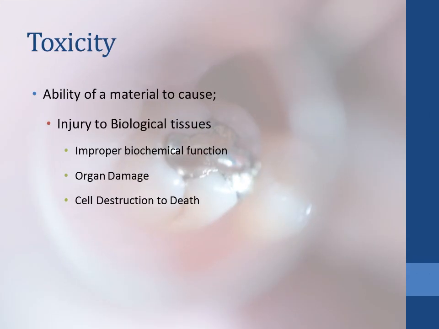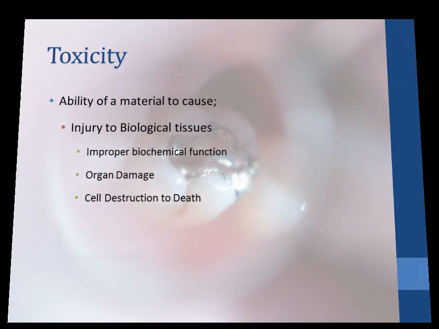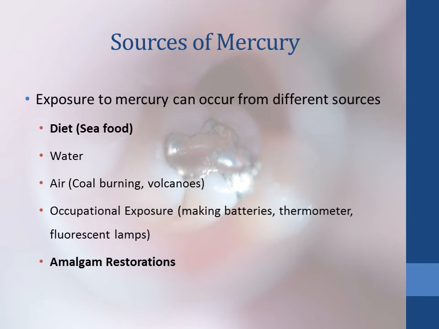Now, toxicity. This basically is the ability of the material to cause injury to biological tissues, improper biochemical function, organ damage, and cell destruction leading to death. Now, what are the sources of mercury other than dental amalgam? Diets, it's a major constituent of seafood, water, air from coal burning, volcanoes, occupational exposure as well from batteries, thermometers, fluorescent lamps, and obviously amalgam restoration.